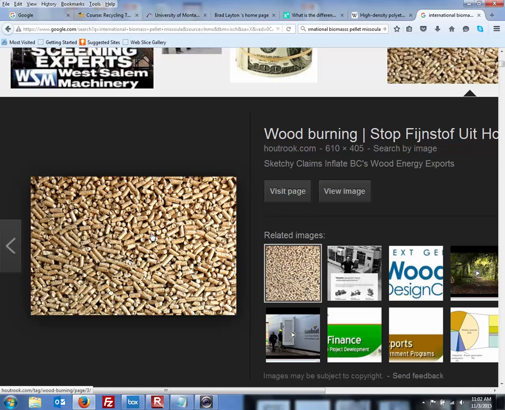So we've already talked about cellulose. Here you're kind of getting the best of both worlds. You've got the energy of the cellulose, of the woody biomass, and the energy of the polyethylene. As we just saw, it's just carbon and hydrogen. There's no mercury in it, like you might see in coal. There's no sulfur in it, like you might see in coal. There's no other heavy metals.